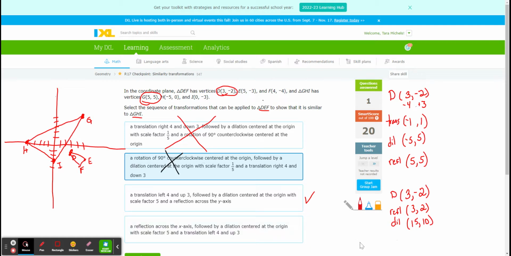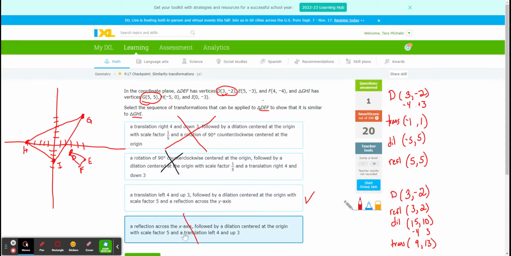And a translation left 4. So subtracting 4 and going up 3, adding 3. So after my translation, it's going to be 9, 13. Is that my point G? No siree, Bob. Come on, draw the other line. There we go. So the only correct answer would be the third one here.